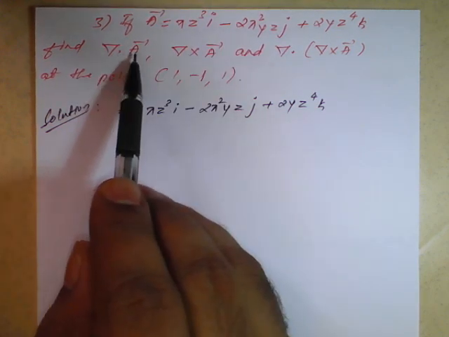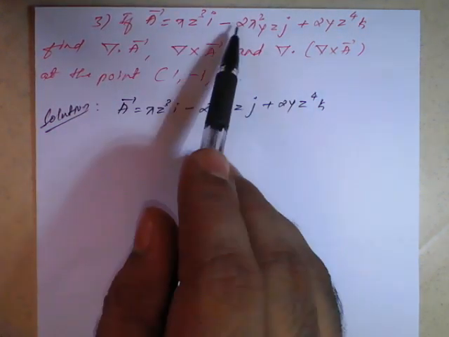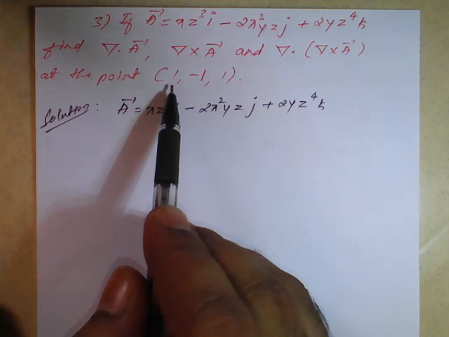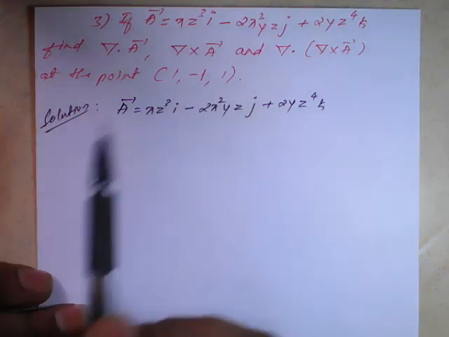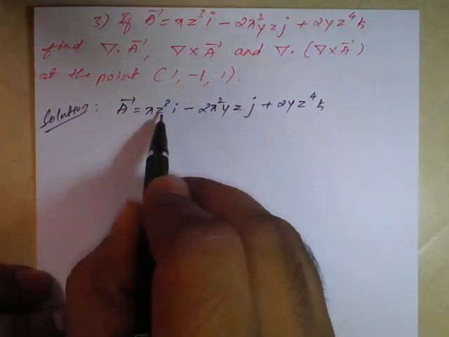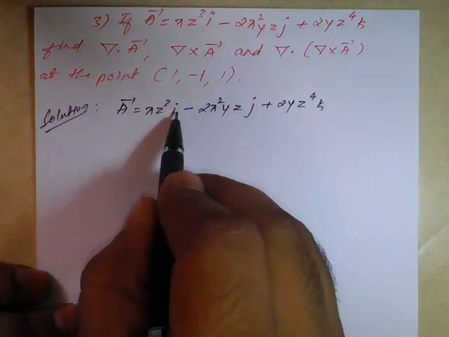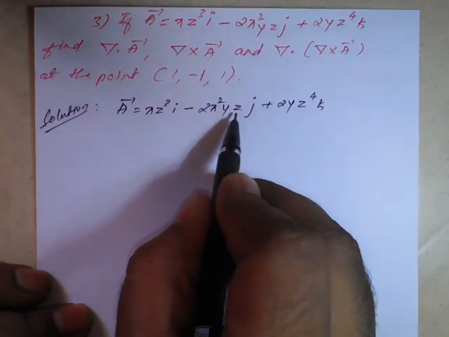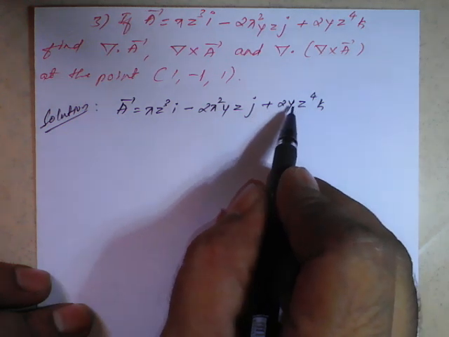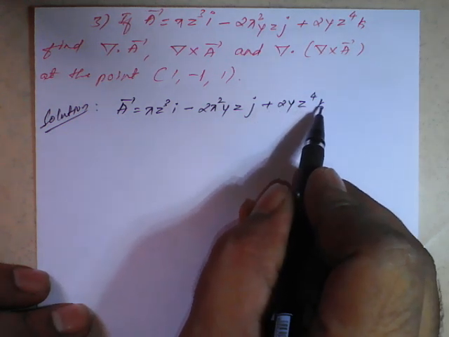So we need to calculate three results for this given vector at the point 1, minus 1 and plus 1. So I have taken the vector A equal to xz cube i minus 2x square yz j plus 2yz raised to 4 k.